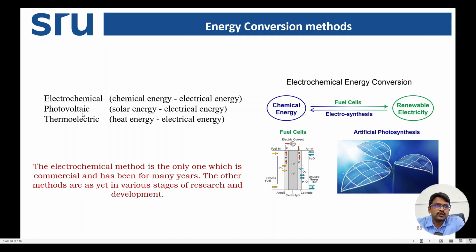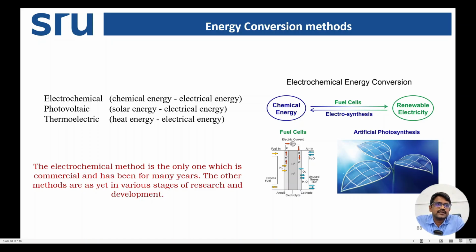Then what is photovoltaic? Photovoltaics convert solar energy to electrical energy. Then thermoelectric means it converts heat energy into electrical energy. So these are the renowned energy conversion methods. Electrochemical means it converts chemical energy to electrical energy.